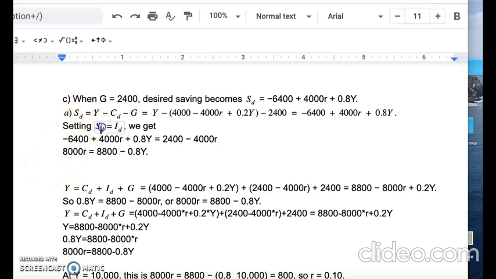Use the first goods market equilibrium condition. Then we will get this final equation.